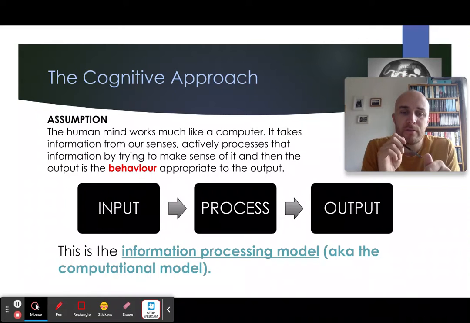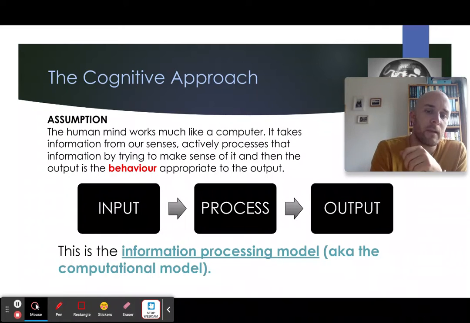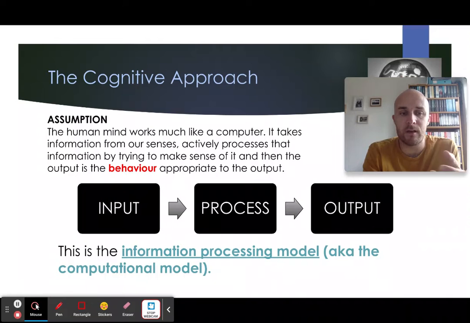But the information processing model is this: it says that the mind works like a computer. We take information from our senses, and you're doing that from your five senses right now, or the five senses we know about at least. You are processing it, thinking about it in very different ways, and it's that different processing that leads to different output.